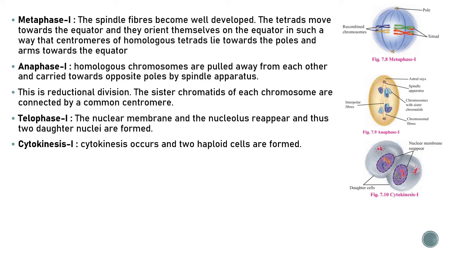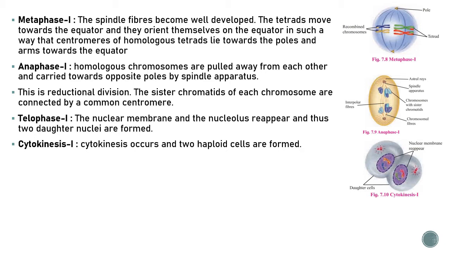Then anaphase-I. In this phase, homologous chromosomes are pulled away from each other and carried towards opposite poles by the spindle apparatus.